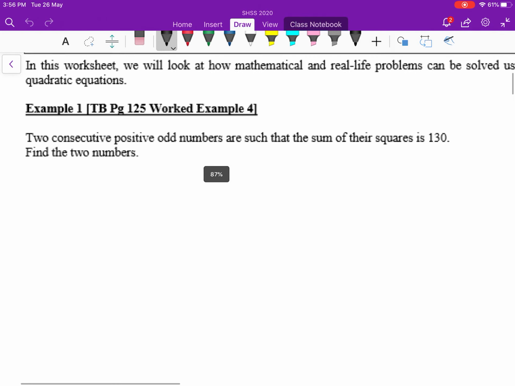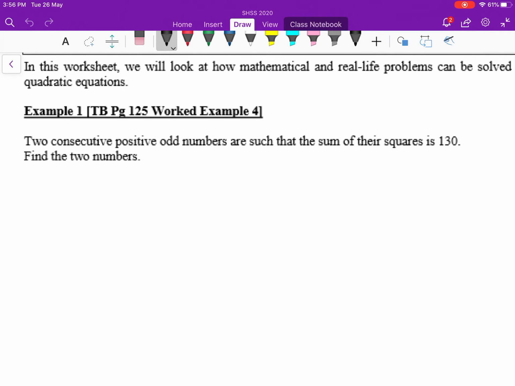They say two consecutive positive odd numbers are such that the sum of their squares is 130. Now I have two consecutive positive odd numbers. Consecutive means one after another. Odd numbers, one after another odd number.